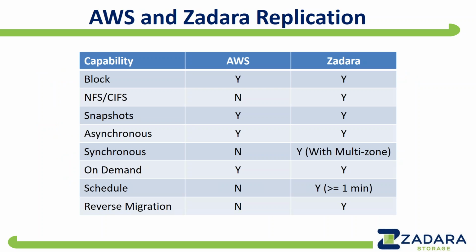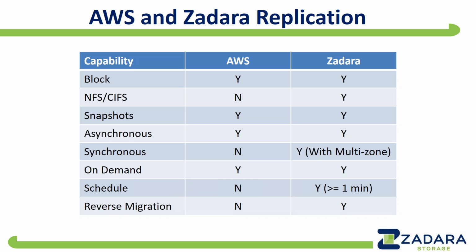If you look at our replication between your data, either in Zadara or AWS, we both support the block. Similar to last week with snapshots, AWS doesn't have NFS or CIFS, but it does capture your files at the block level.